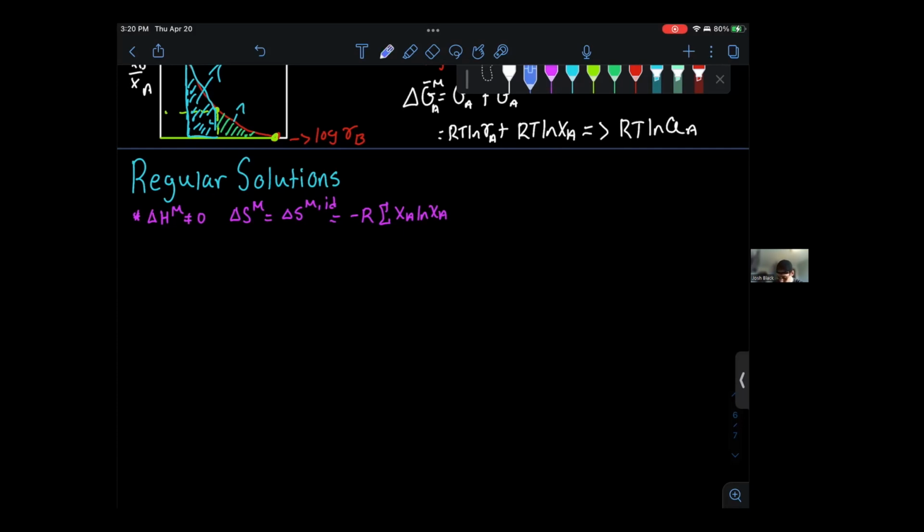Now, what do we know about the Gibbs free energy of any non-ideal solution? It's equal to RT ln of the activity, and it's equal to an excess term plus an ideal term. If we split up the natural logarithm, we get our excess term and our ideal term, just like that.